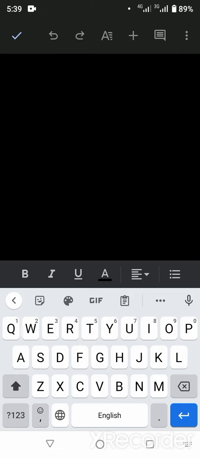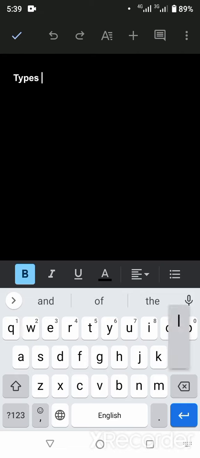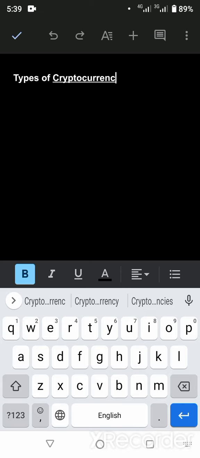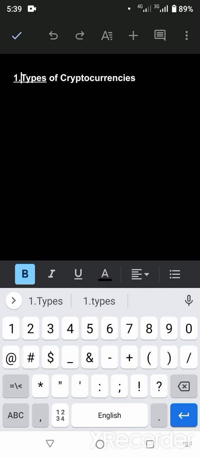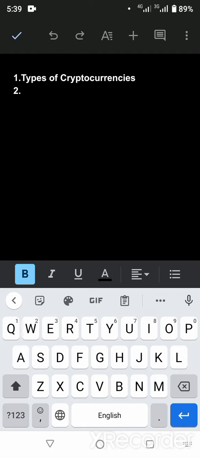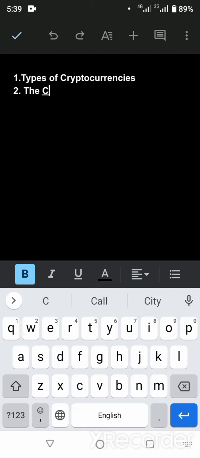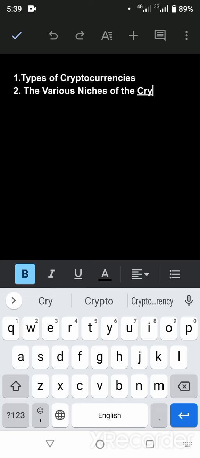the types of cryptocurrencies. One, these are what we'll be talking on today. And two, we'll be talking on the various niches of the crypto industry.